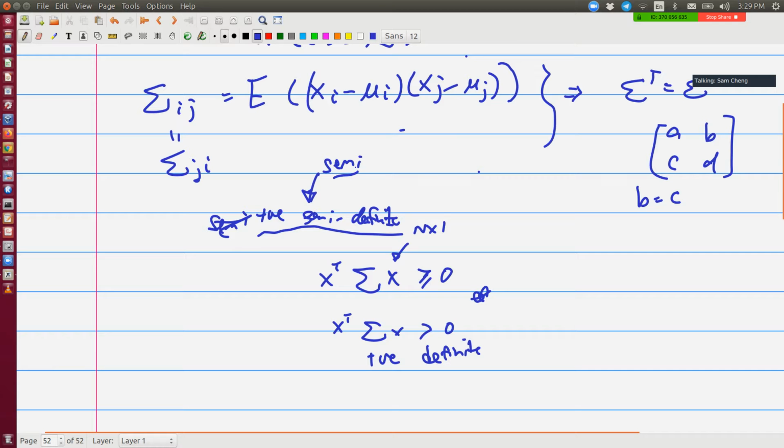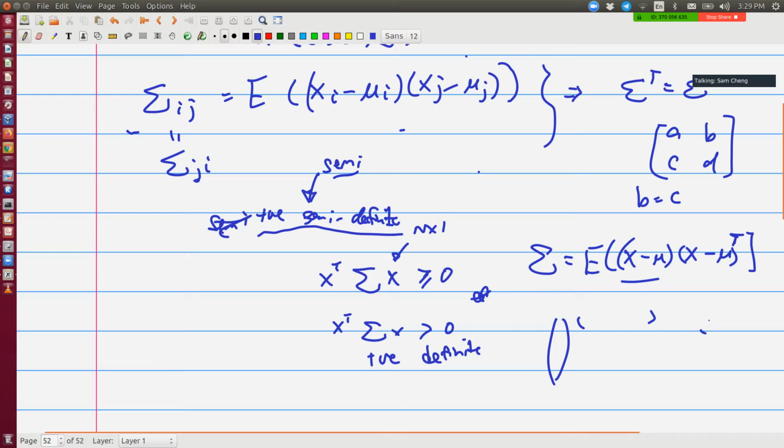By the way, why is it positive semi-definite? Because sigma is defined this way, so sigma is just equal to the expectation of x minus mu times x minus mu transpose. This is an n by 1 vector multiplied by a 1 by n vector, and each ij term will be exactly equal to the corresponding element.